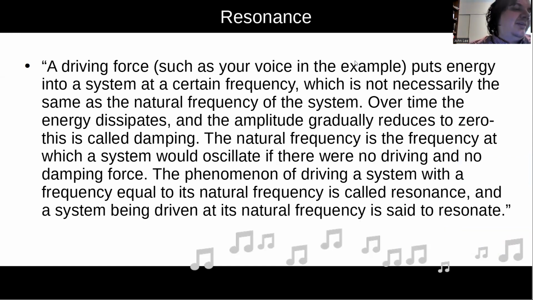And then the last thing that we're really going to get into while we're talking about sound is resonance. So resonance is when a driving force puts energy into a system at a certain frequency, which is not necessarily the same as the natural frequency of the system.